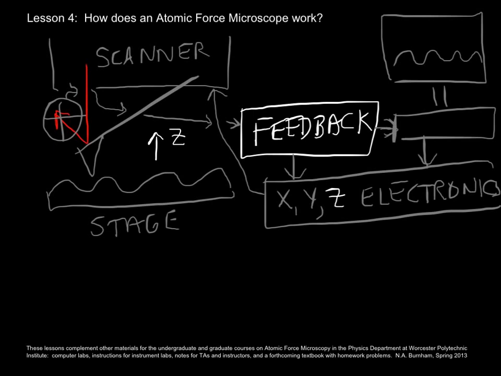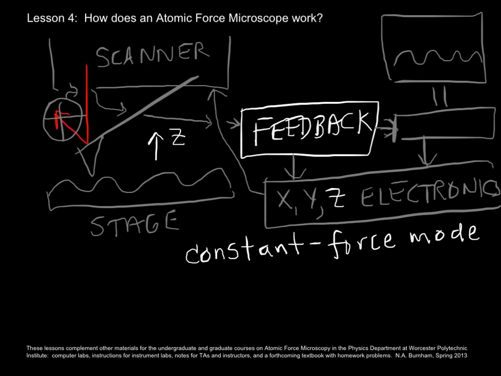The deflection of the cantilever is proportional to the force, and it's also proportional to the voltage on the photodiode. So this way of operating, which is the most common way, is called constant force mode.